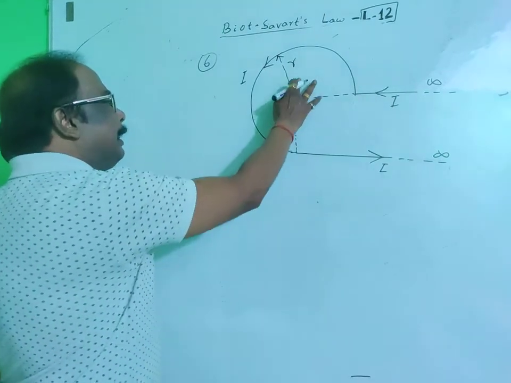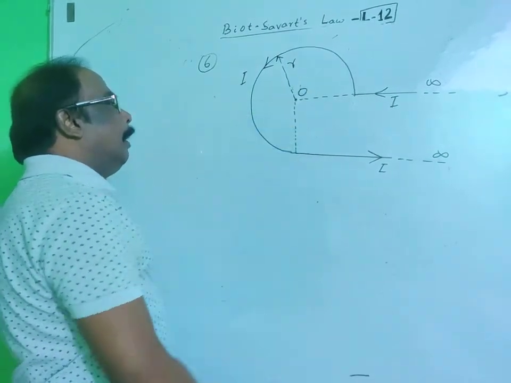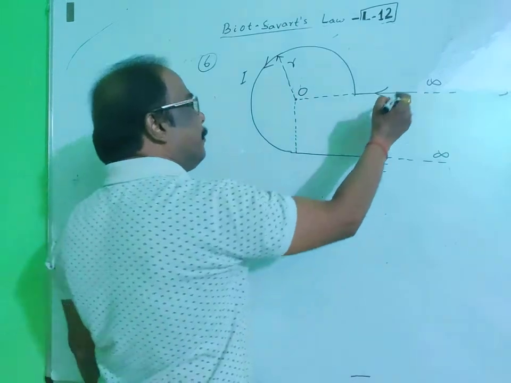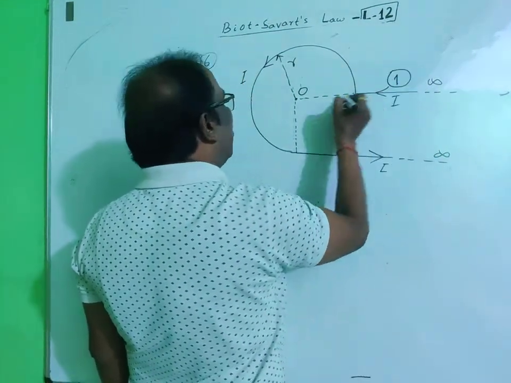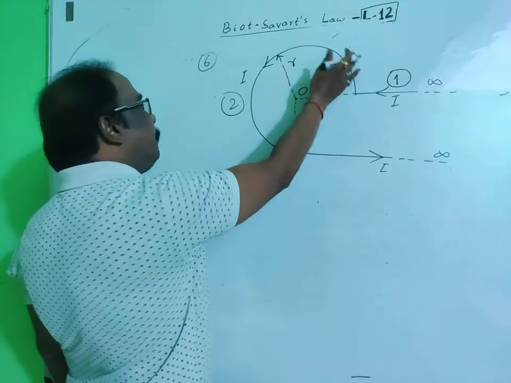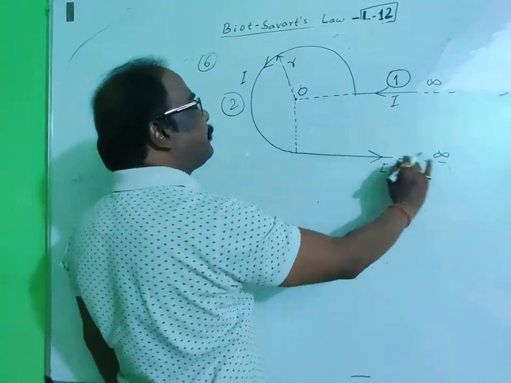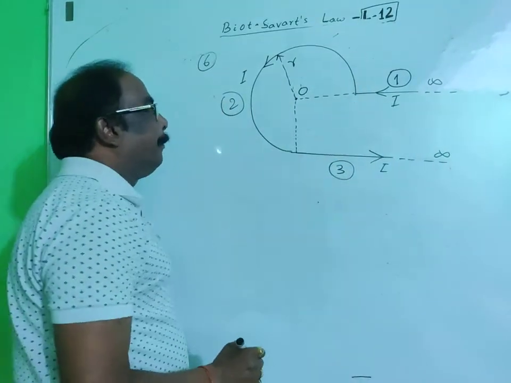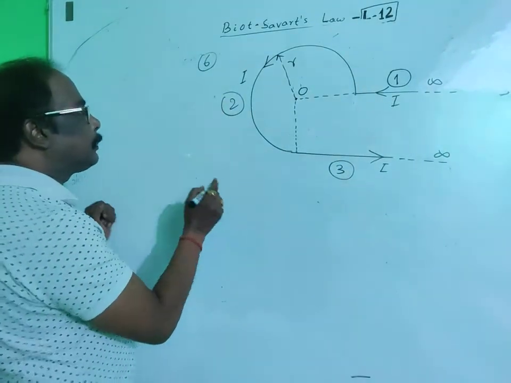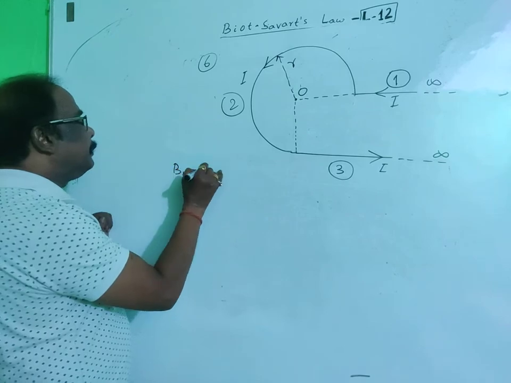Then what is the magnetic field at the center? Again I am dividing. The straight conductor of infinite length is conductor 1. This curved part is conductor 2. Again the straight conductor of infinite length in one direction is conductor 3. All these conductors carry current, then B1 is equal to 0.